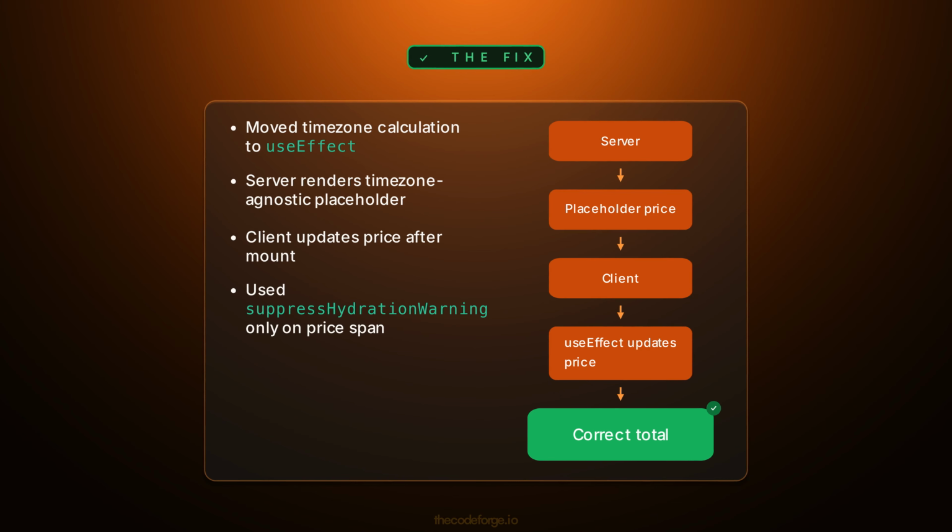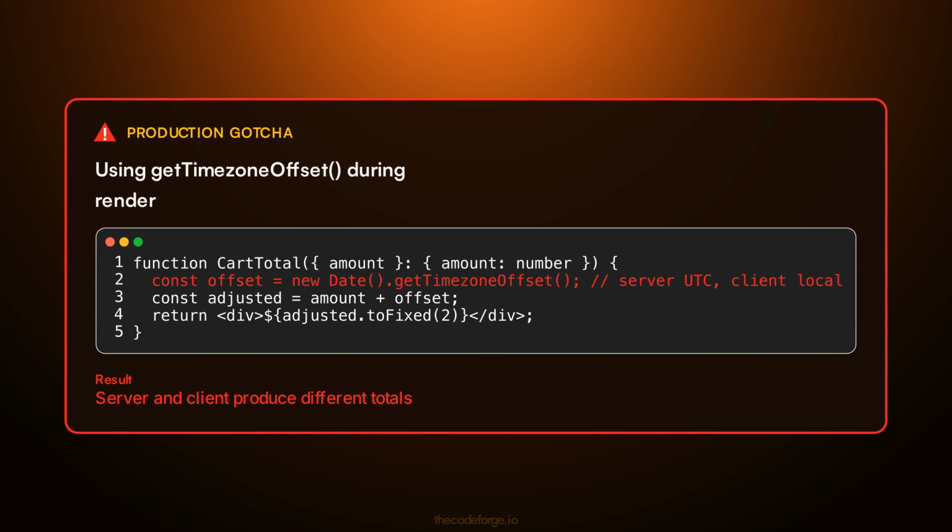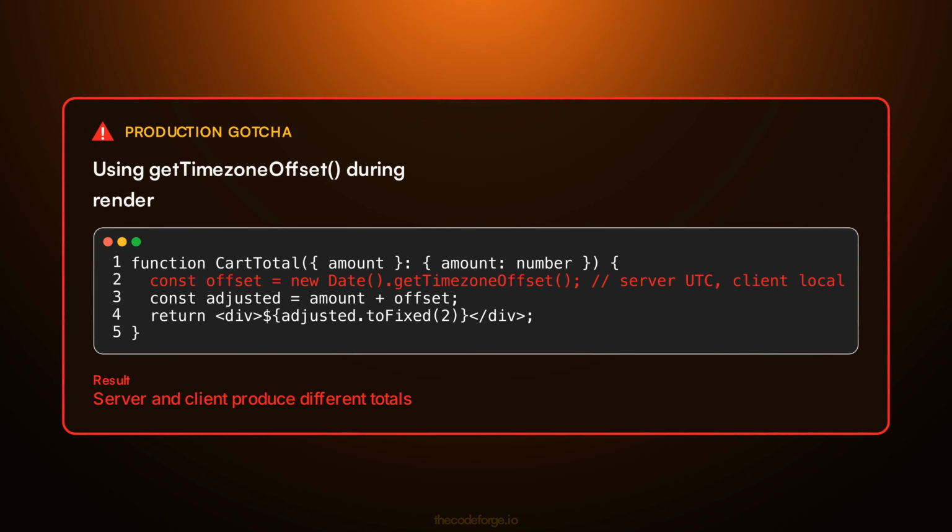The server renders a time zone-agnostic placeholder, and the client updates the displayed price after mount. We added suppressHydrationWarning only on the price display span, not the entire component, to prevent the flash. This ensures the server and client agree on the initial HTML, and the real price appears after hydration without a mismatch. This is the exact mistake from the hook incident.